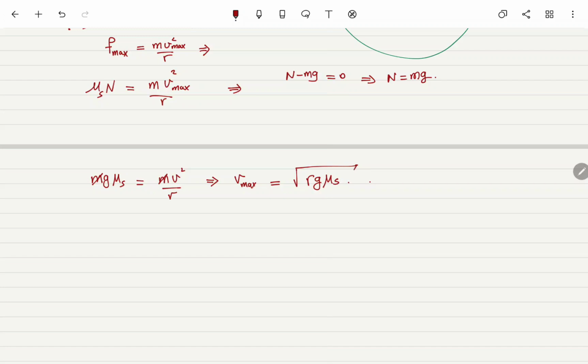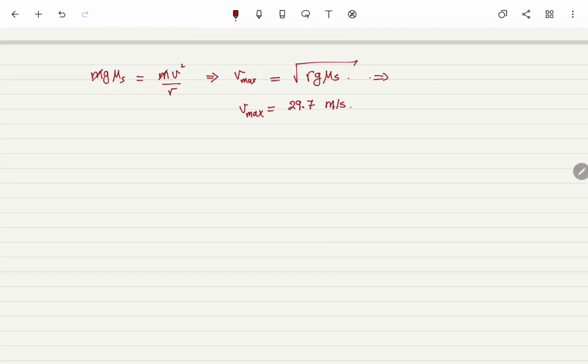We have the numbers. You substitute the radius, it's equal to 150, g equal to 10, and mu s equal to 0.6. So the Vmax here is equal to 29.7 meters per second.